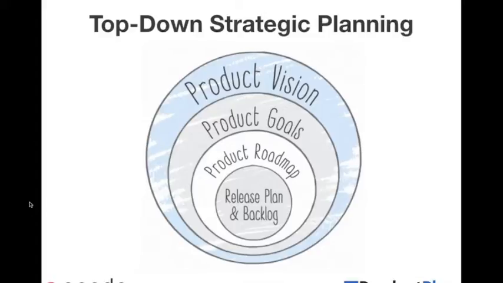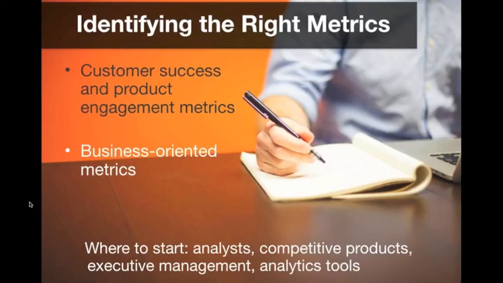So the next thing I want to talk about is a little bit about identifying the right metrics to use. So I kind of put these into a couple of different buckets. And note that there are these quantitative metrics that I'm going to talk about, but there are also qualitative metrics.